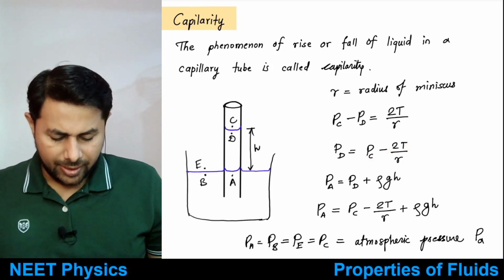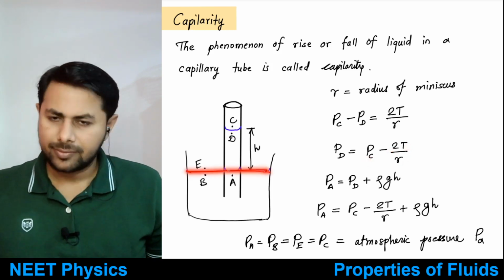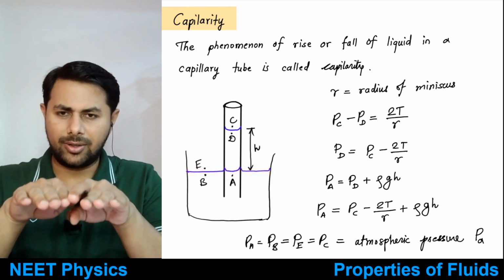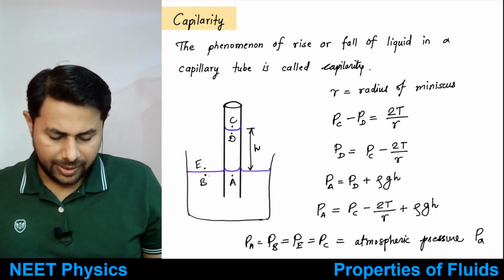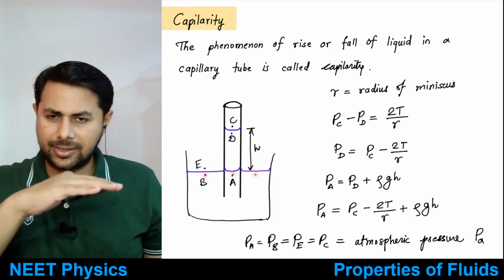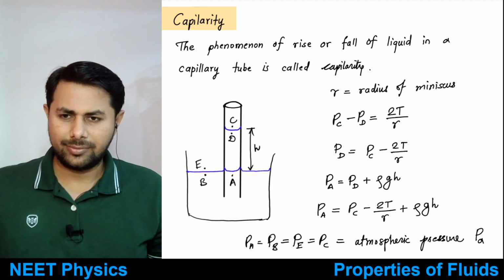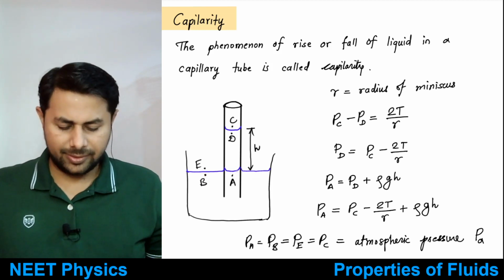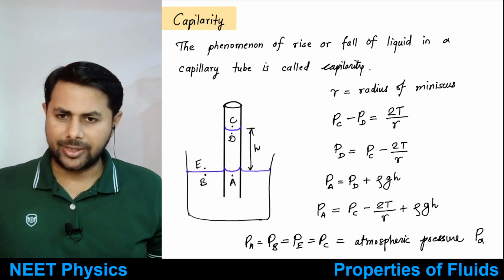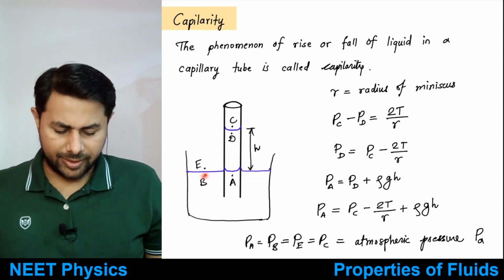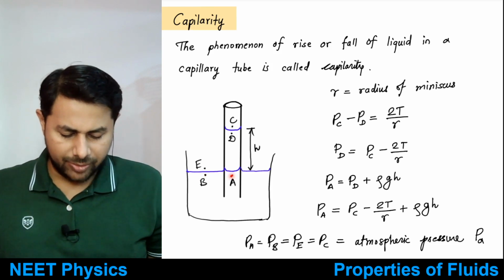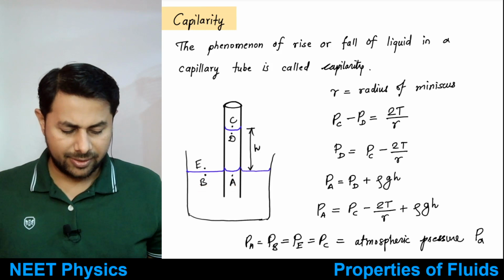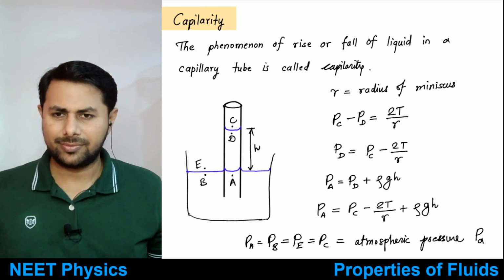Now, if this is some liquid, then pressure at all points at the same height should be equal. So pressure at B would be equal to pressure at A. This thing is clear?